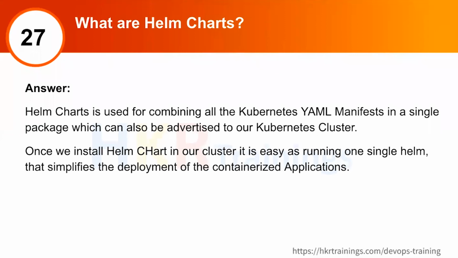So if you see, a Helm chart is nothing but a packaging material for all your Kubernetes manifests or Kubernetes applications. If you want to deploy the same application on multiple environments with different configurations, Kubernetes Helm chart deployment will be very beneficial.